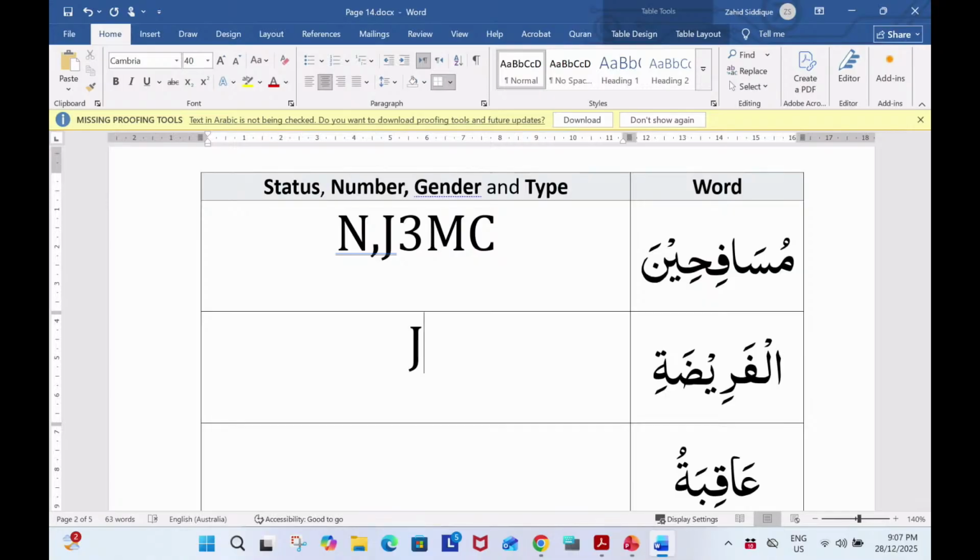Musliman, is it matching? Muslimin, Muslimani, Muslimaini, Muslimuna, Muslimina.